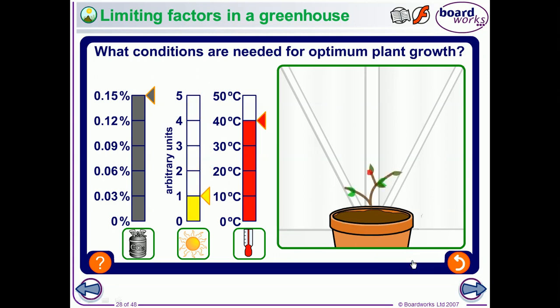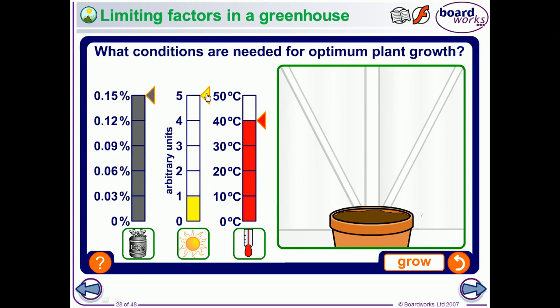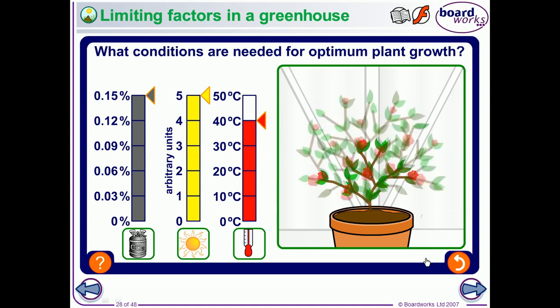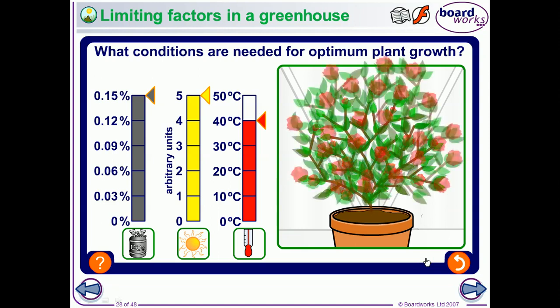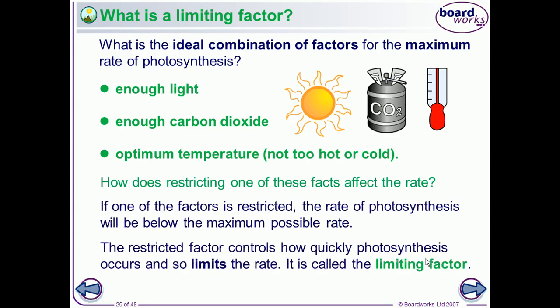We'll notice that we don't get optimal growth. But if we give the ideal factors, then we get the maximum rate of photosynthesis. So effectively, when we restrict one of these factors, we don't get the maximum rate of photosynthesis.